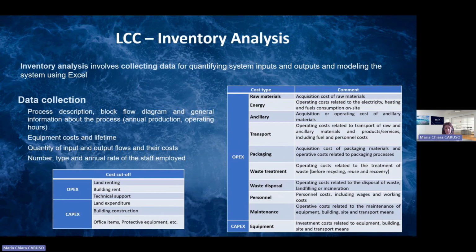We collect costs related to ancillary and raw materials, energy, transportation, packaging, personnel costs, including wages and working costs, and operational costs related to maintenance. So, everything that is included in the life cycle stages defined in the system boundary.